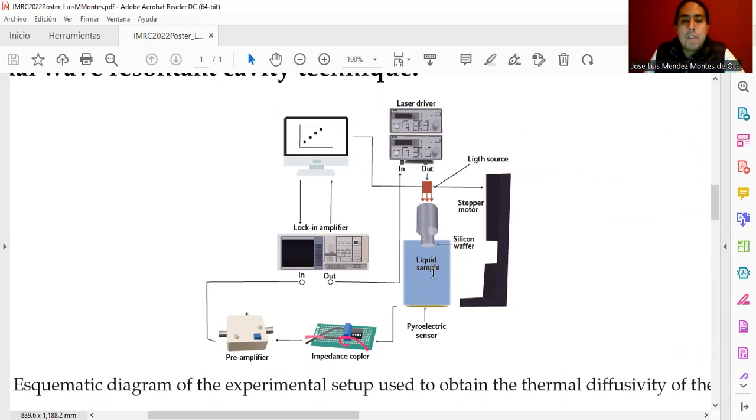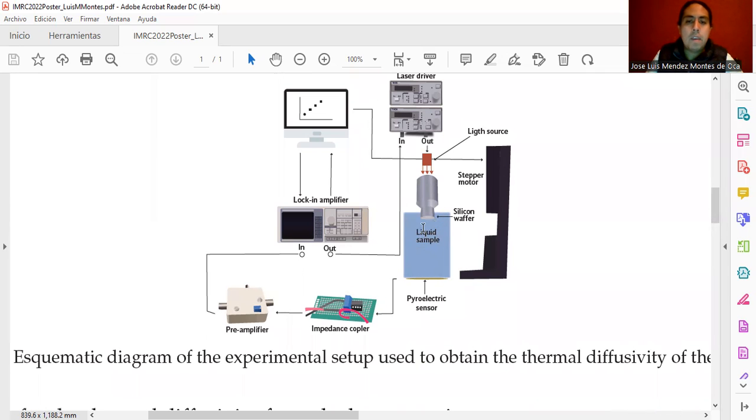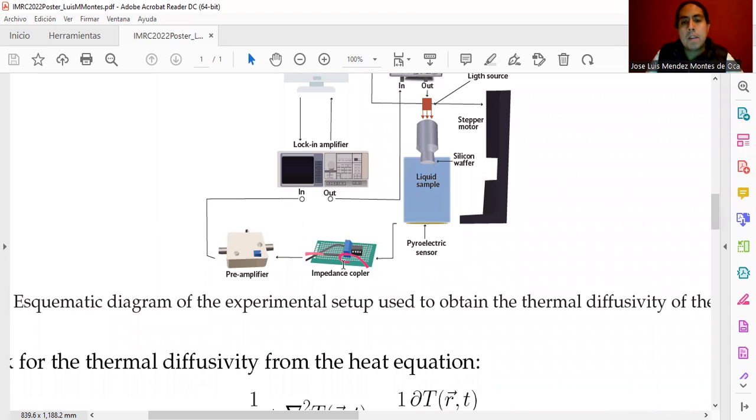Here we have the liquid sample with the nanoparticles. Then we measure the signal at the bottom with a pyroelectric sensor, as the silicon wafer sends differences in temperature, gradients in temperature, in a modulated way. We can measure that signal in the pyroelectric sensor.